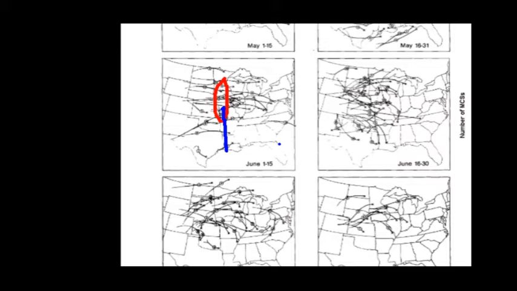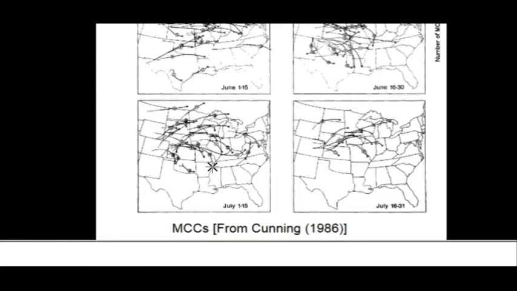And then they tend to shut down towards dawn as they move into Illinois and Indiana. And then by July, a lot of them are found in the northern plains right there. And then they end up in the Great Lakes area by the next morning.